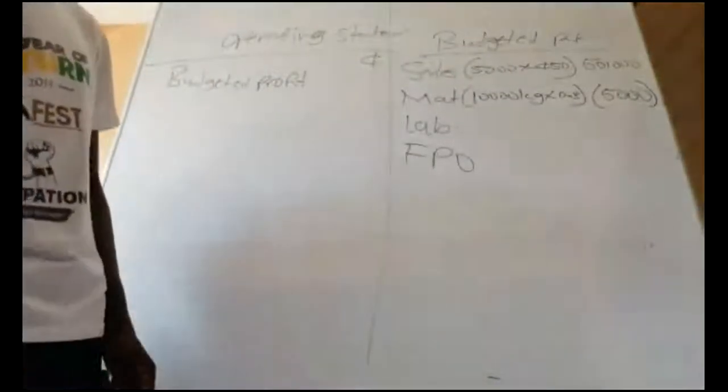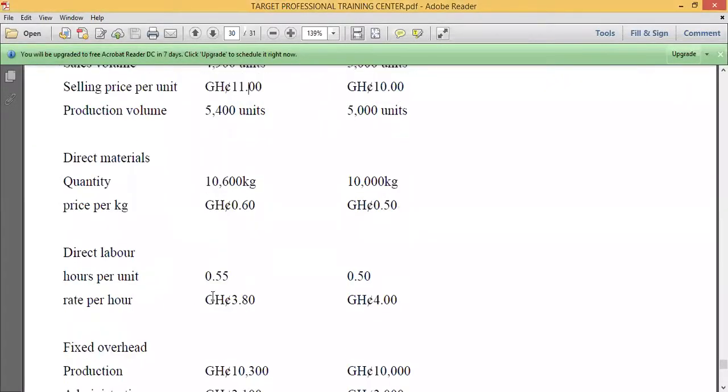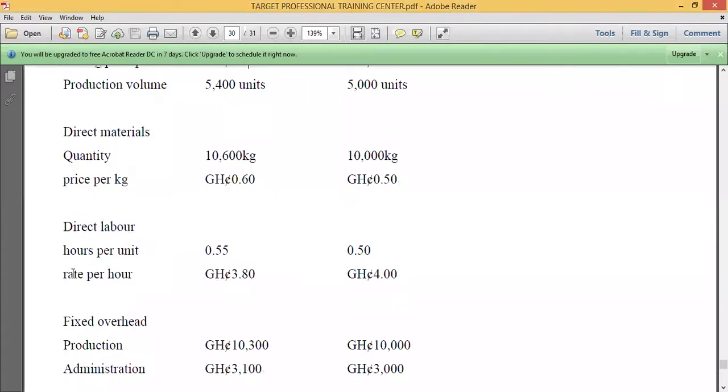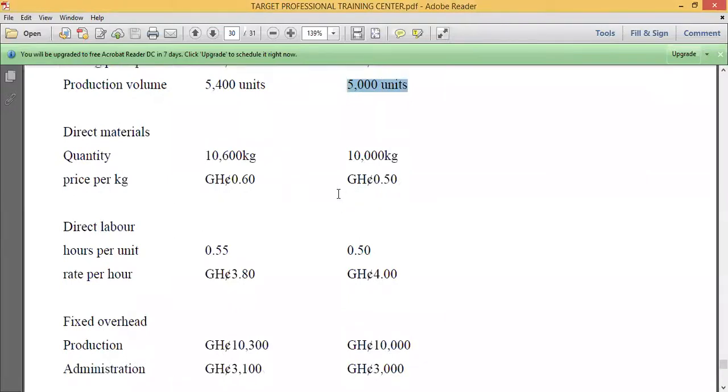Now let's go to labor. The labor hours per unit is 0.5. So if each unit takes 0.5 hours and we budgeted to produce 5,000, the budgeted labor hours should be 0.5 by 5,000. That'll give us 2,500 hours. And each hour, the rate is what? 4 Ghana cedis.